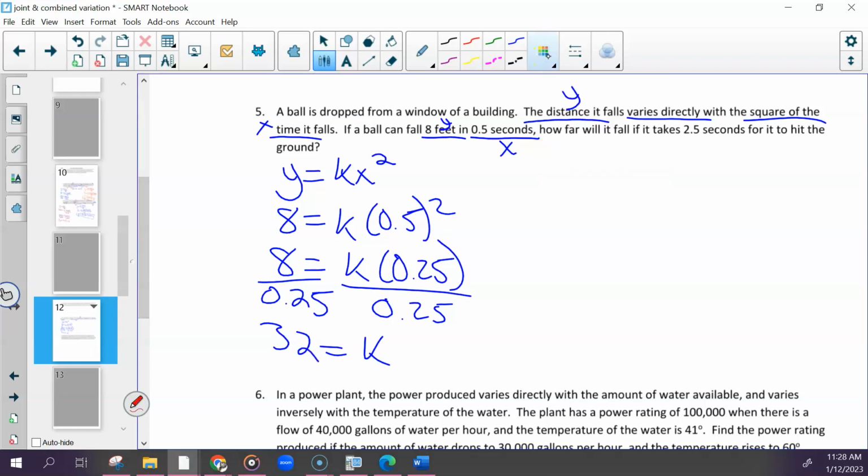Use that k value, put it back into your original. So y equals 32 x squared. Then it says how far will it fall if it takes 2.5 seconds for it to hit the ground. What are we looking for, x or y? Y.